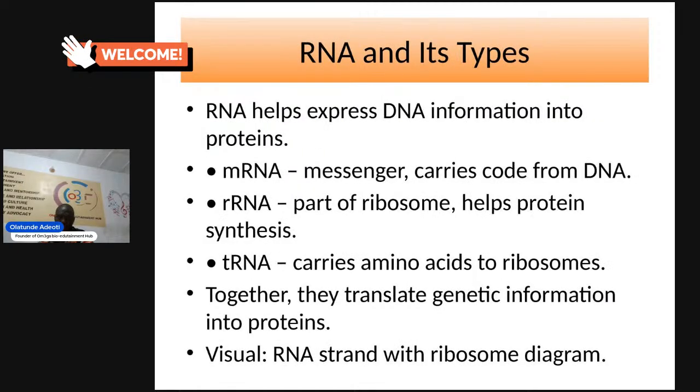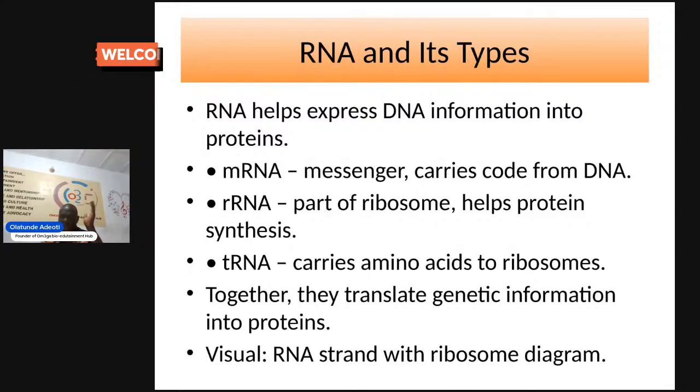Then RNA and its types. RNA, unlike DNA, is single-stranded, and there are basically three types. First is messenger RNA, just like the name implies, because it carries code from DNA.